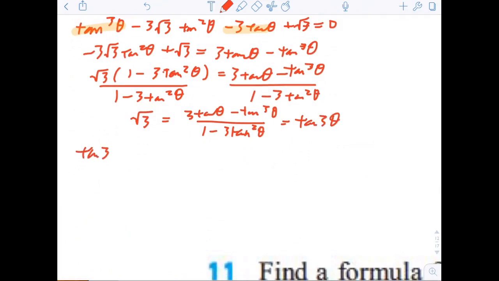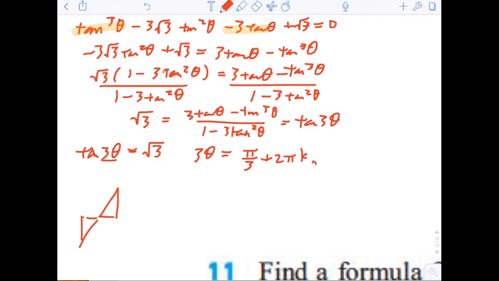So tangent 3 theta is equal to the square root of 3. So what are the angles which give you a tangent of square root of 3? So that would be a 30, 60, 90 triangle in this direction, 30, 60, 90 triangle in this direction. So 3 theta is equal to pi over 3 plus 2 pi k, or equal to 4/3 pi plus 2 pi k.